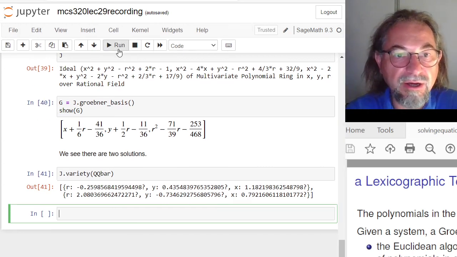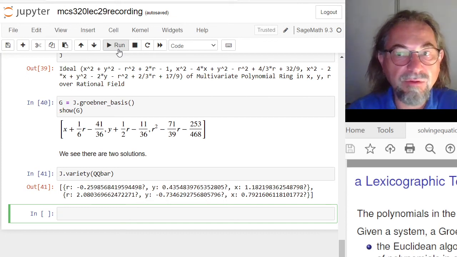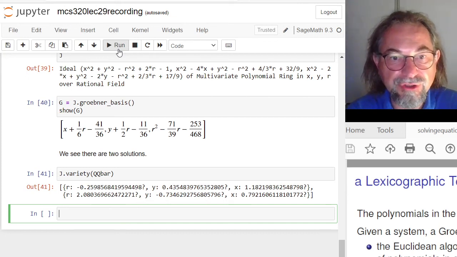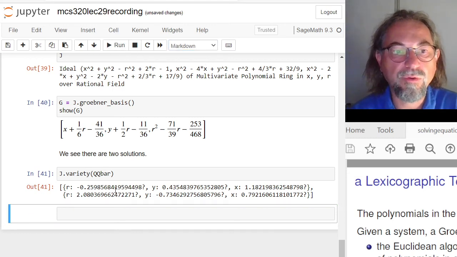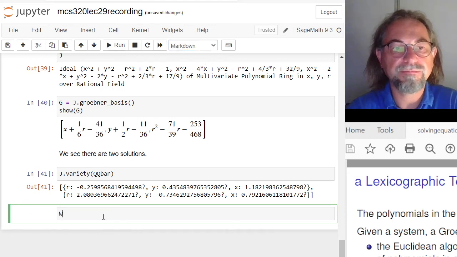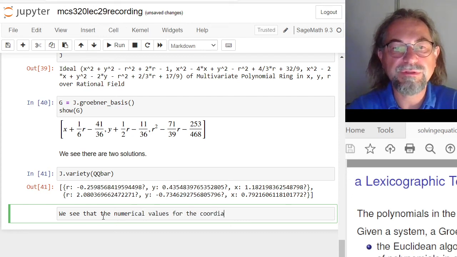The last polynomial got factored, got solved with 53 bits of precision, and the numerical values for the coordinates are intervals.